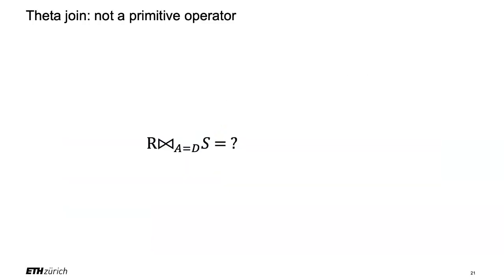Now, could anybody tell me how you could express this theta join using a Cartesian product and sigma, the selection? Yes? Yeah, that's a where.